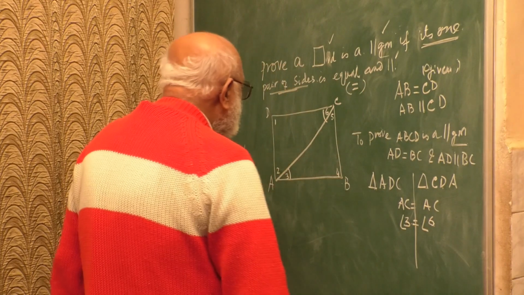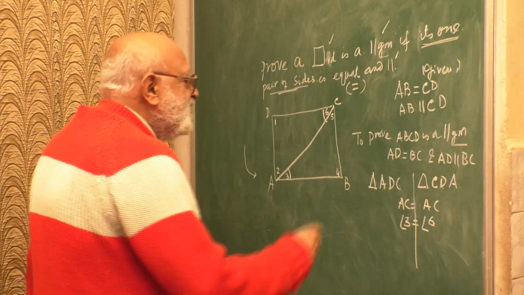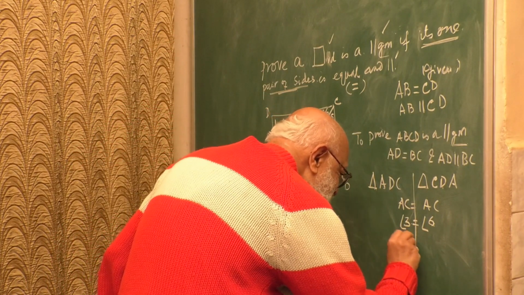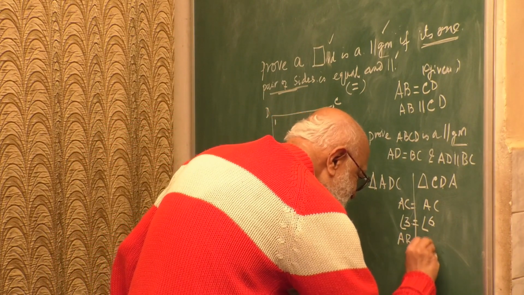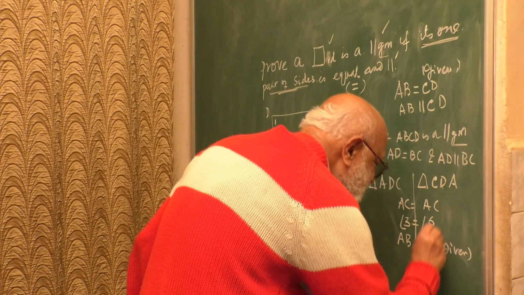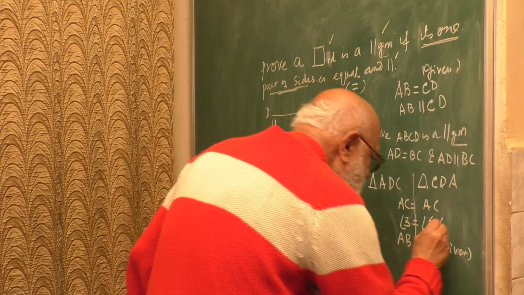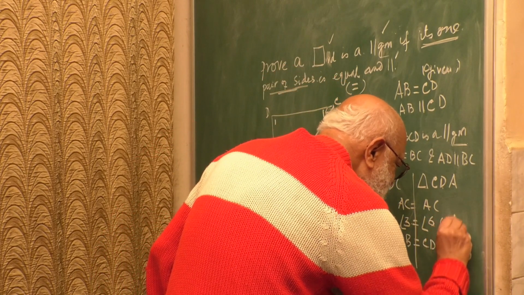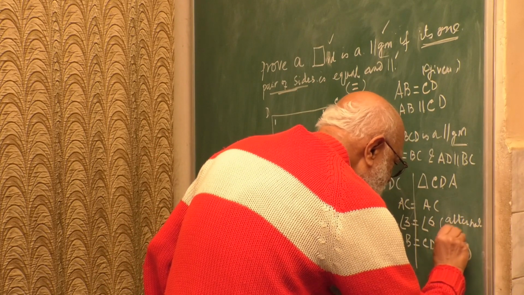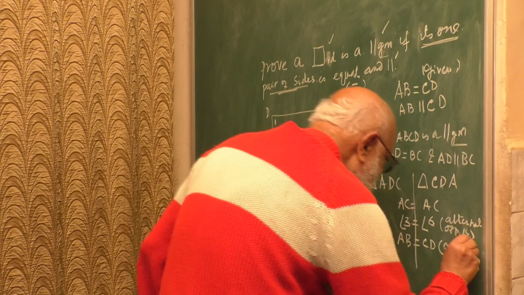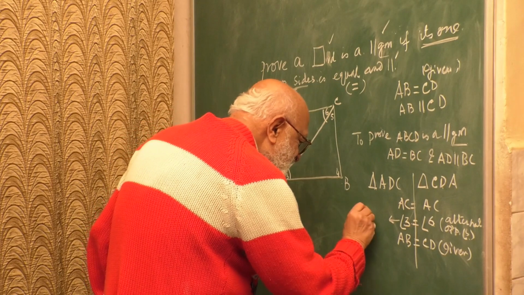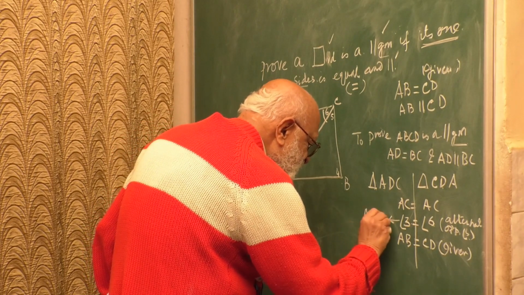And another one that is given, AB equal to CD. This is given. And these are alternate opposite angles. Why? Because I have taken advantage of here AB is parallel to CD.